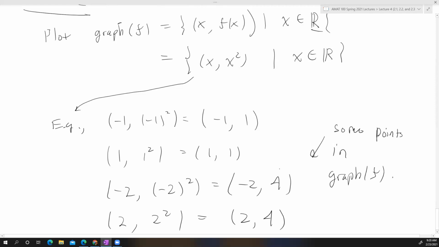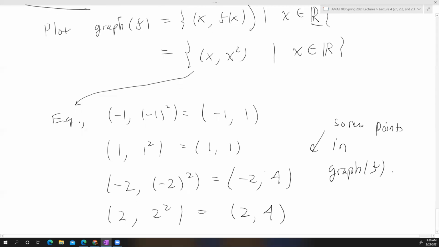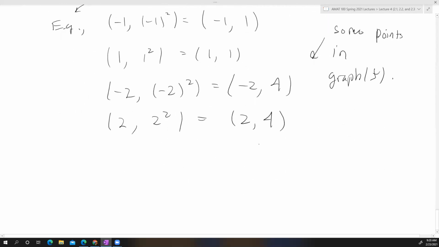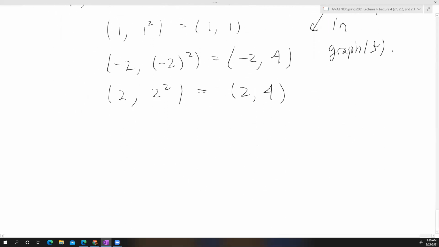Of course, it consists of a lot more. It consists of an infinitude of points. But these are just some examples of points in the set, and we can use these to plot the function. So actually, I should include one other easy point you can calculate. So if x is 0, then f of x would be 0 squared, which is just 0, 0.